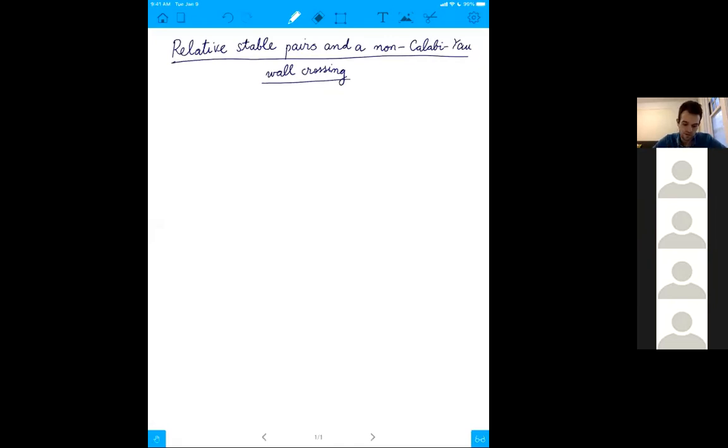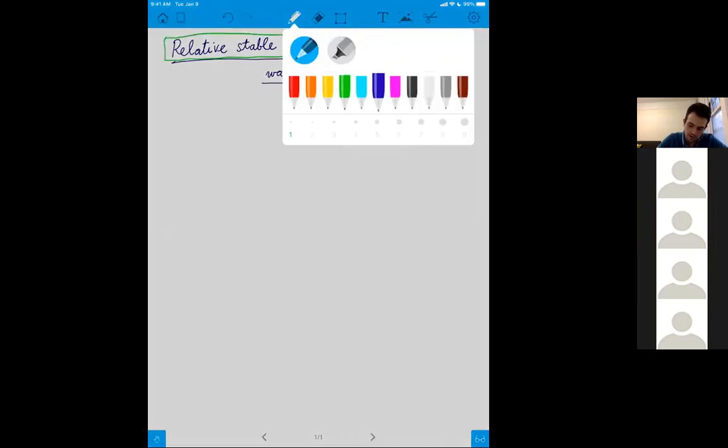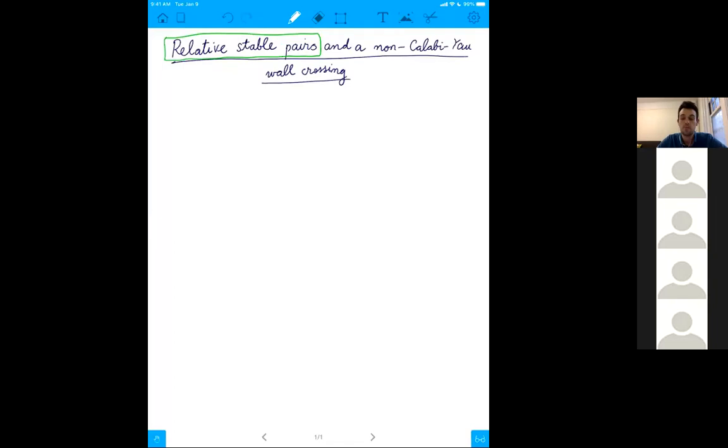Okay, so first I should start by explaining two of the terms that appear in the title. The first one will be relative stable pairs. So this will be part of data that is called an enumerative theory.